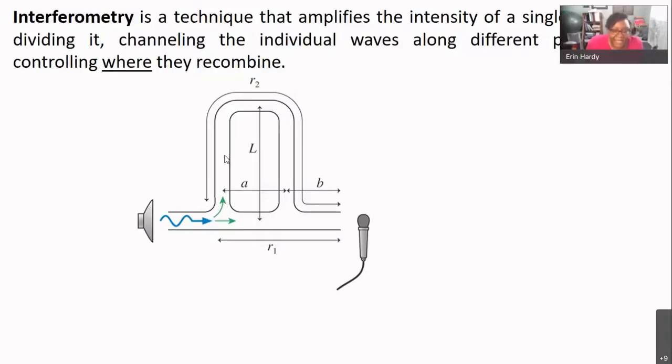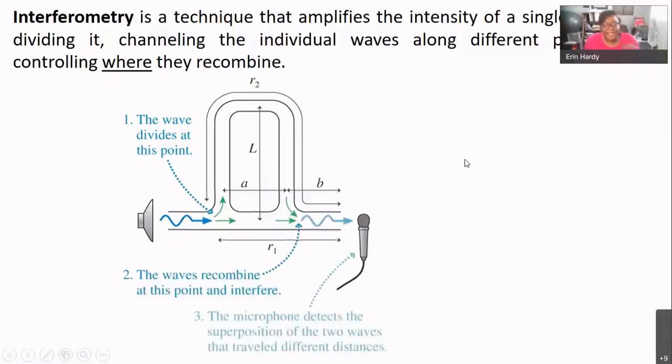The part that takes this path is going to be constrained by this upper tube, and it's going to travel physically a longer distance to get from the loudspeaker to the microphone. The part that doesn't split off at all just travels this distance r sub 1. But the part that takes the longer path is going to have to go up this distance L, over this distance lowercase a, and then back down L.